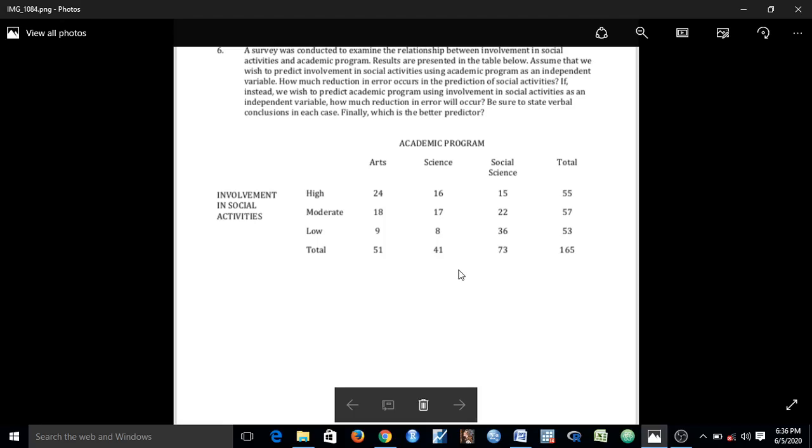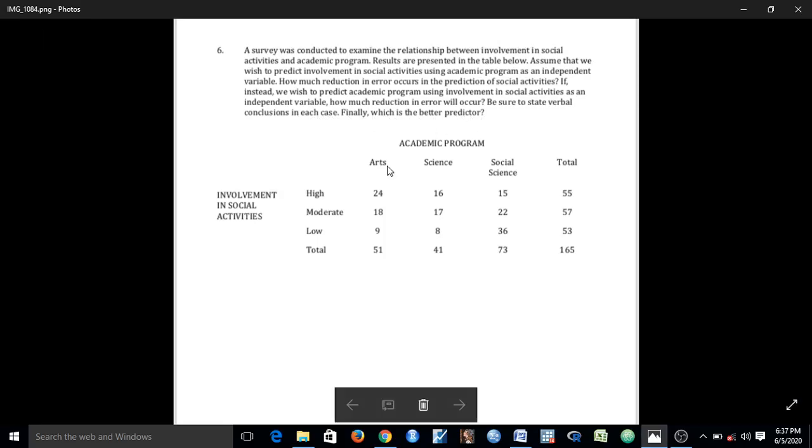Assume that we wish to predict involvement in social activities using academic program as an independent variable. How much reduction in error will occur in the prediction of social activities? If instead we wish to predict academic program using involvement in social activities as an independent variable, how much reduction in error will occur? Be sure to state a verbal conclusion in each case. Finally, which is the better predictor?